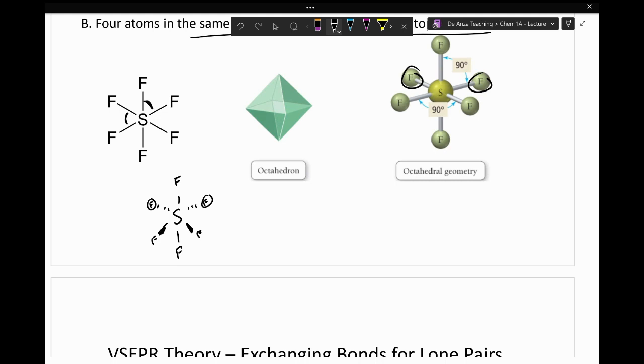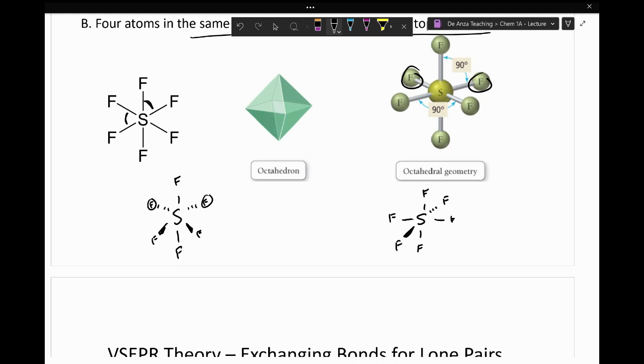Technically, you could turn it such that it actually looks like this, where you have 4 groups directly in the plane of the board, and then you have only one group coming directly out at your face instead of slightly out, and then one group that sticks all the way in. So these are 2 equivalent ways to draw the 3D structure.